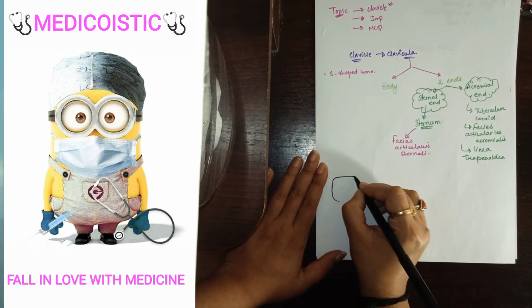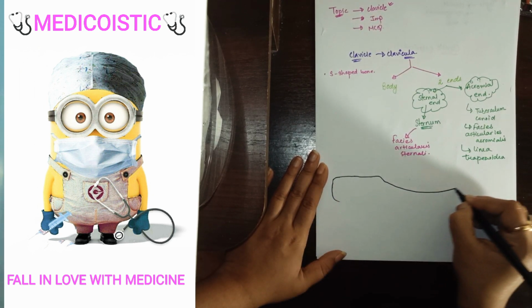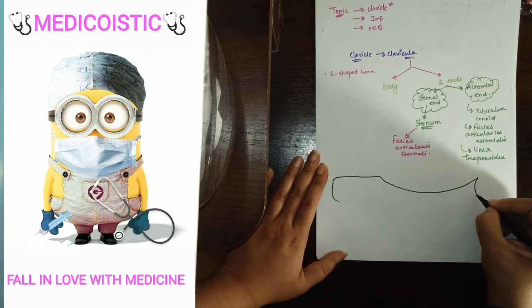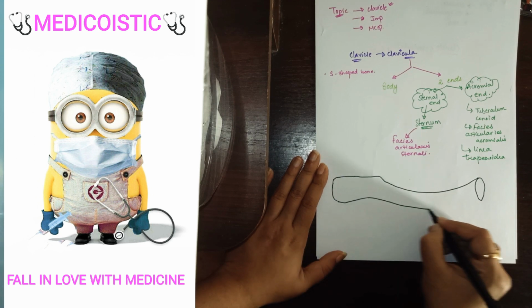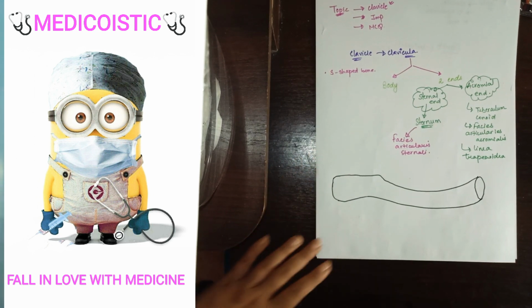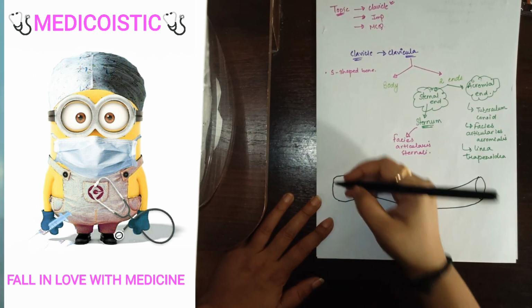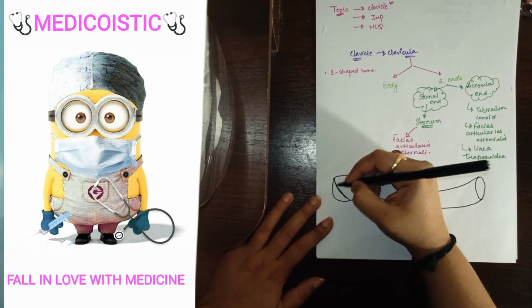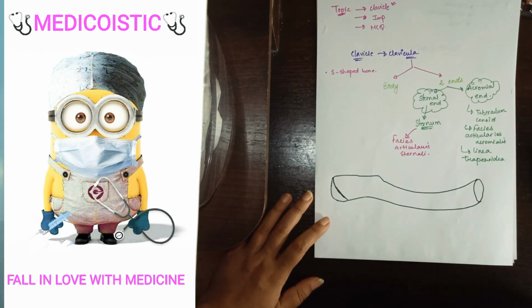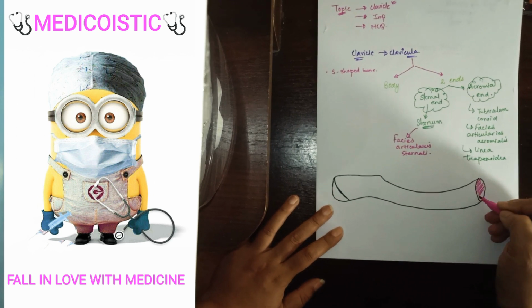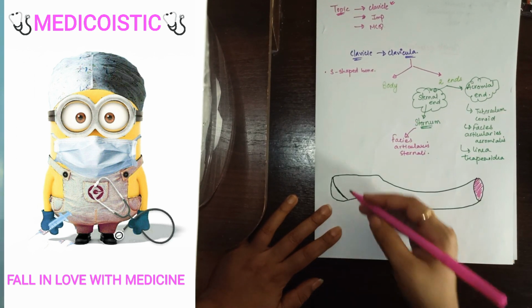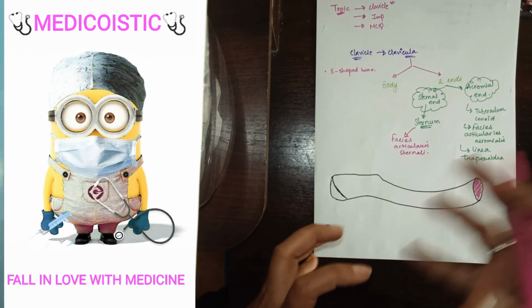So here we will have the clavicle. As you can see, it has a thin, flat surface and a bulky surface.